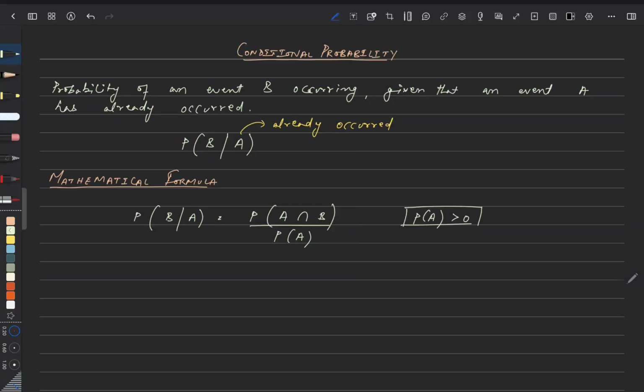So this is the probability that A happens, and this is the probability of both A and B happening together.